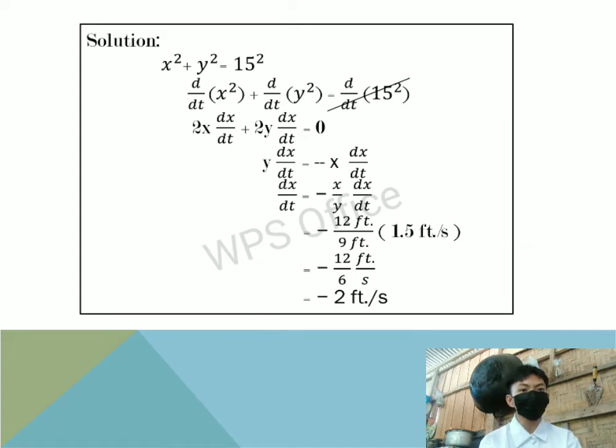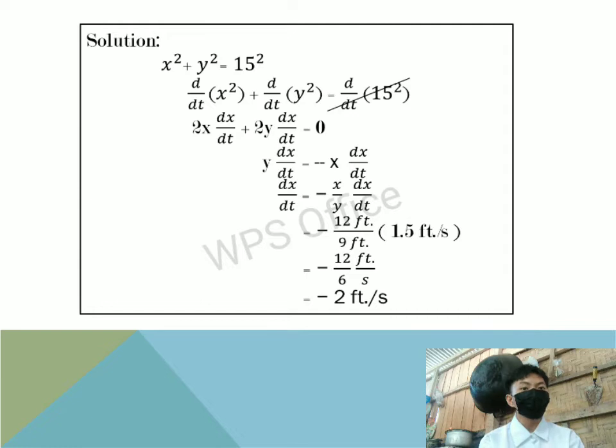So all we need to do is cancel the 2x and 2y. Therefore, y dy over dt is equal to negative x dx over dt. So dy over dt is equal to negative x over y times dx over dt.